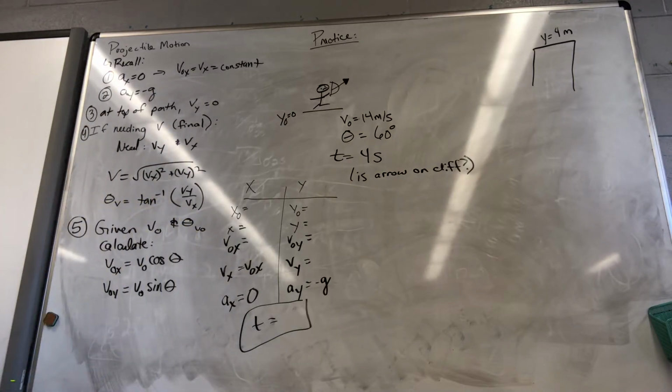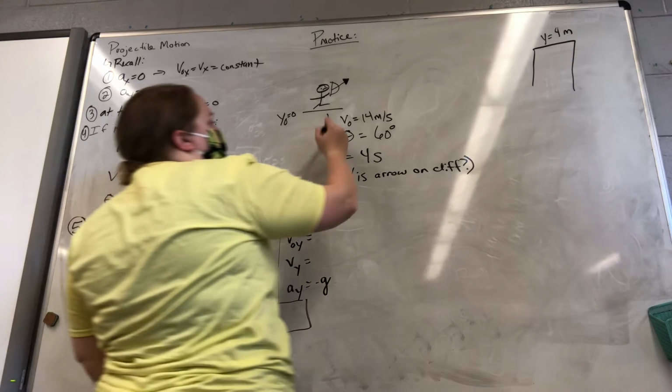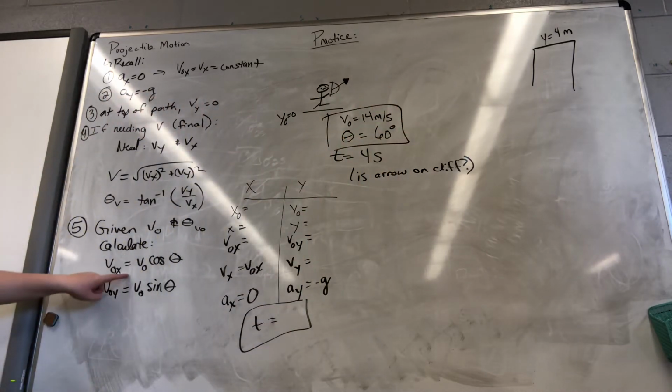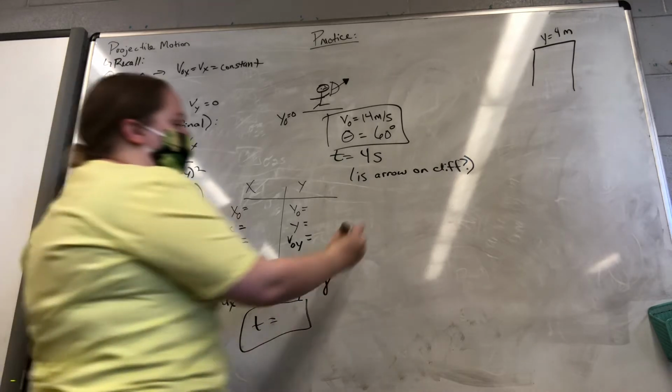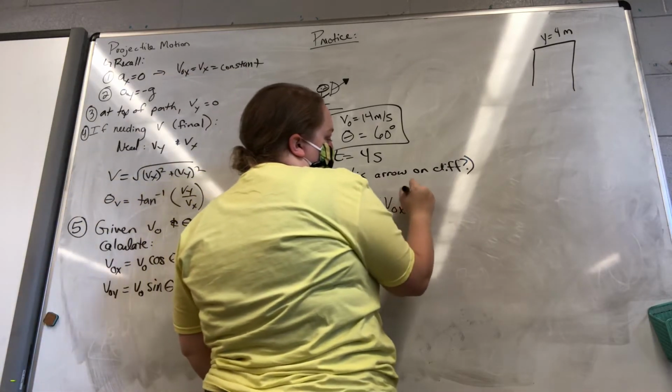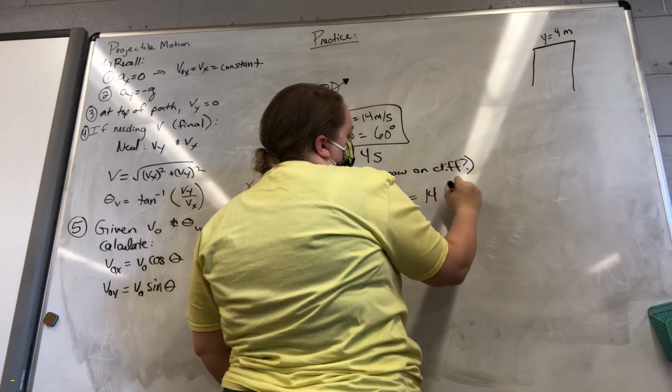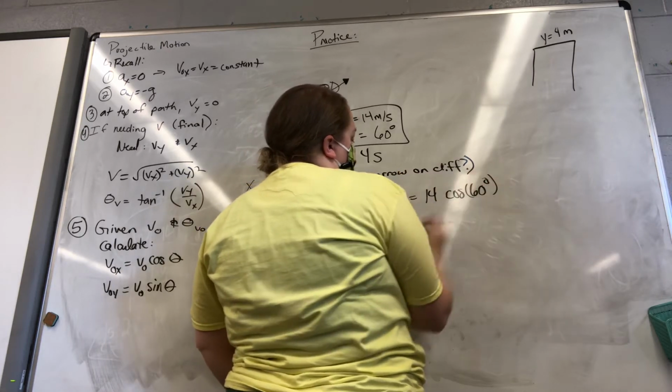Okay, so let's fill in what we know. Before we fill in what we know, what can we do with what we've been given? Components, right? So 14 times the cosine of 60 degrees. Don't forget to change your calculators.